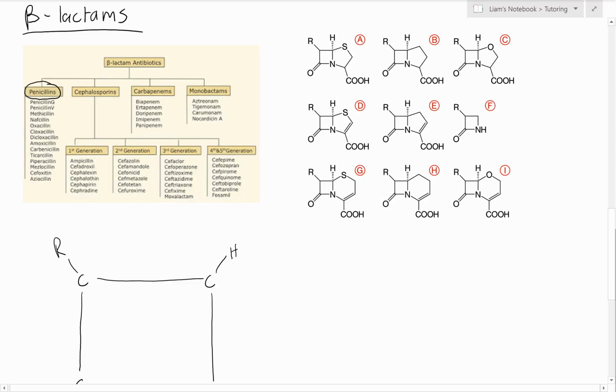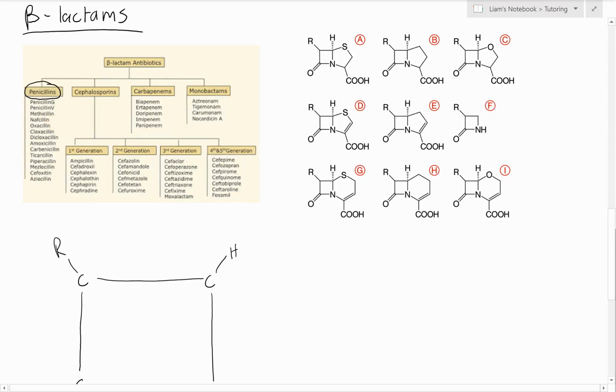As we started to understand how these drugs worked, we could start using different kinds of molecular modifications to give us all these other different structures, which all act in the same way. They just have various side chains and things added to them in order to increase the efficacy against a certain class of bacteria. Looking at this list, there might be a few names that you recognize.